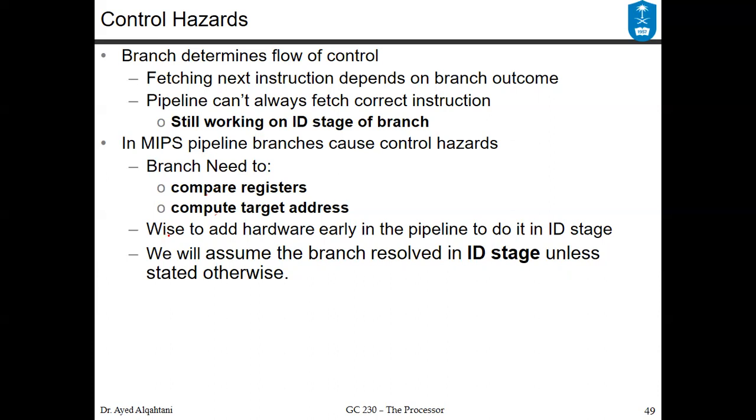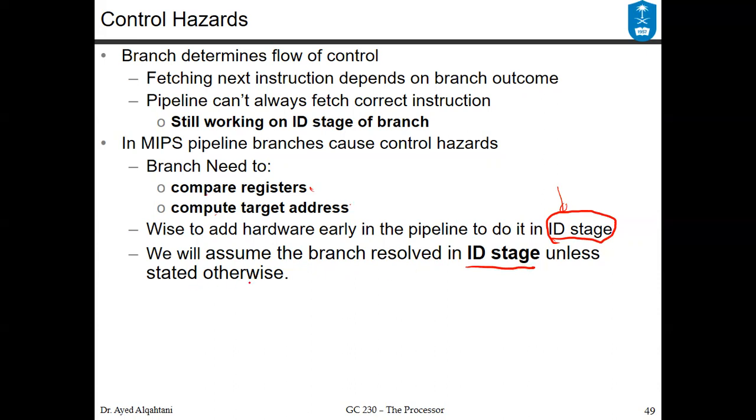So it's wise to add the hardware as early as possible in the pipeline. And we want to do it in the ID stage. This way we won't waste a lot of cycles. Because we are moving these two jobs to the ID stage, we need to update the hardware as well. So we will assume the branch is resolved in the ID stage in all the slides from now on, unless stated otherwise.